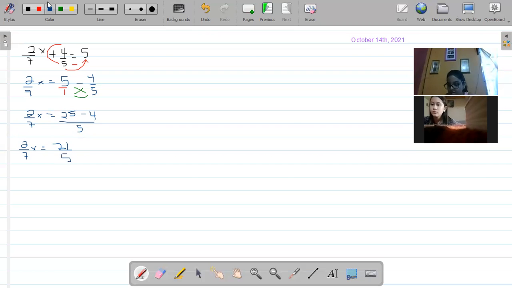Now we need to leave the x alone, and this is a fraction that's multiplying. So how does it go to the other side?